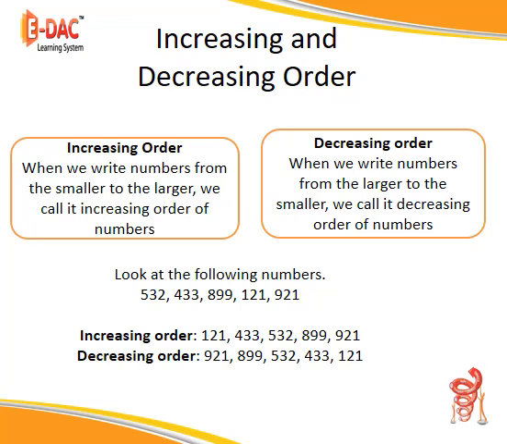For writing these numbers in increasing order, we first see the smallest number, and the smallest number is 121. Now, we write the next larger number than 121, which is 433. The next larger number is 532, then 899, and the last, largest number is 921.